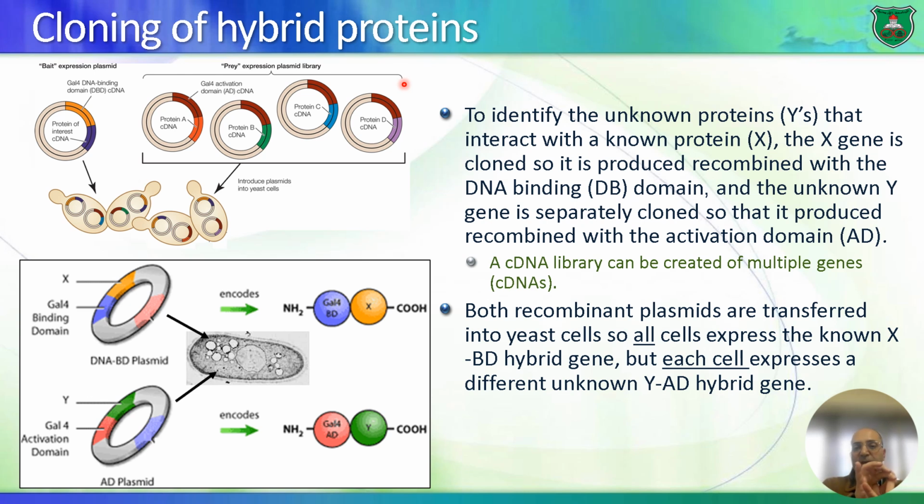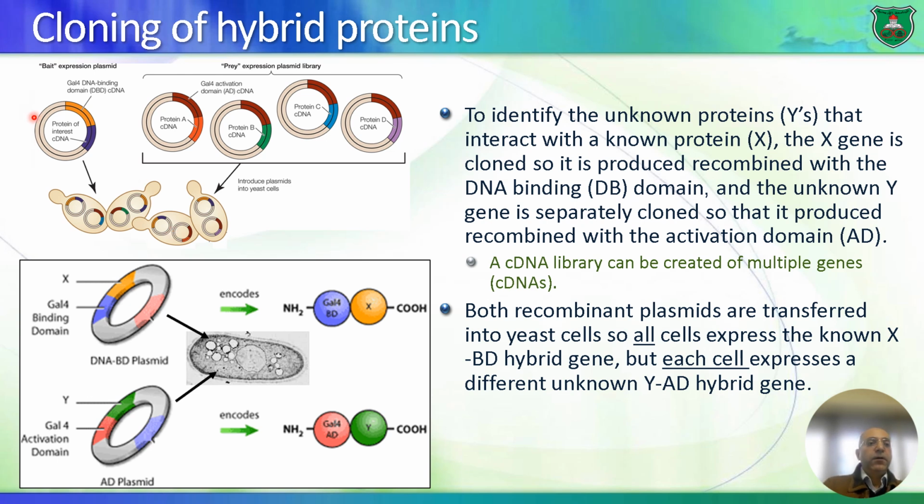The plasmid that produces recombinant protein X, and a plasmid that would produce either recombinant protein A or recombinant protein B or recombinant protein C or recombinant protein D. Okay, so each yeast cell would have two plasmids. Now, we grow them on a plate.